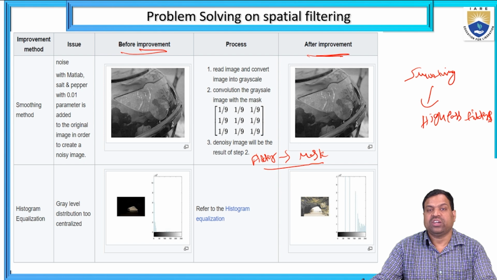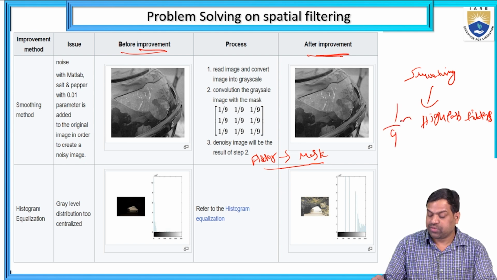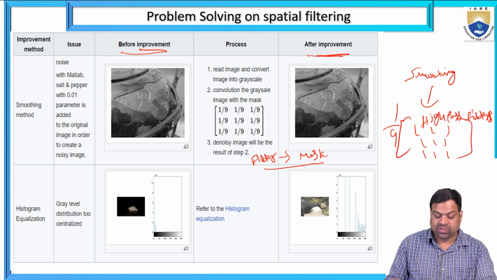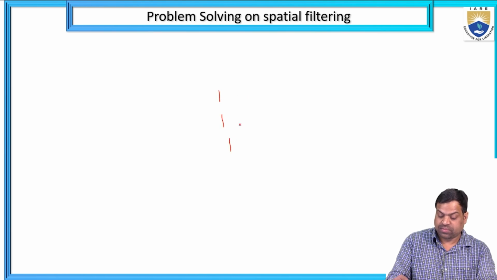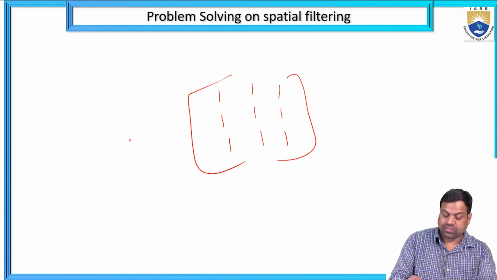What does the mask say here? 1 by 9, 1 by 9, 1 by 9. So what does that mean? 1 by 9 of this matrix. Okay, so the matrix is like this.